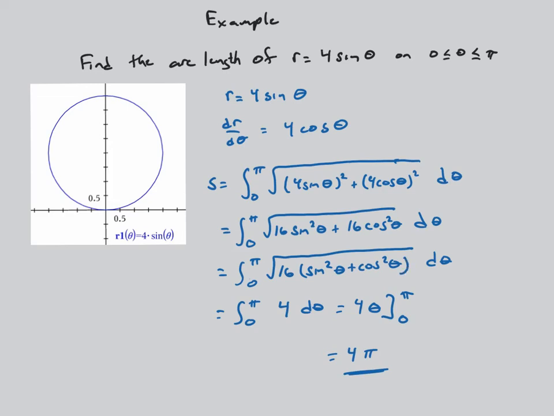There. I get 16 times sine squared plus cosine squared, which we know is 1. This whole entire square root just simplifies to be 4.